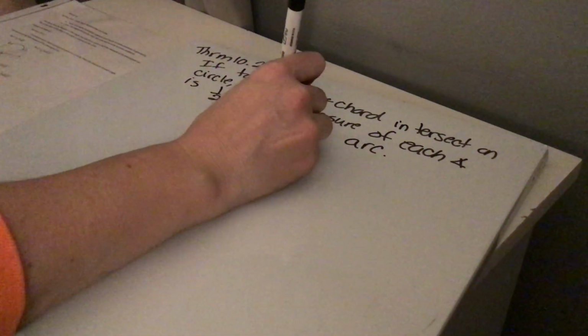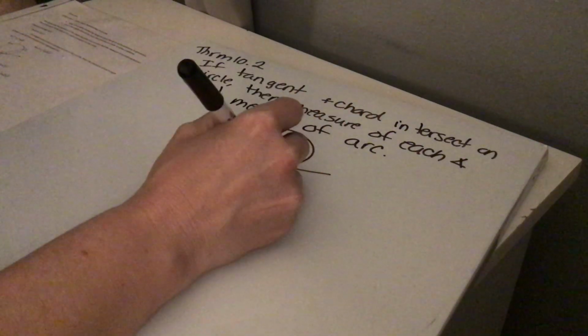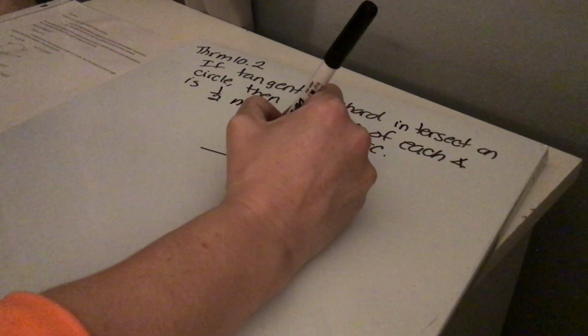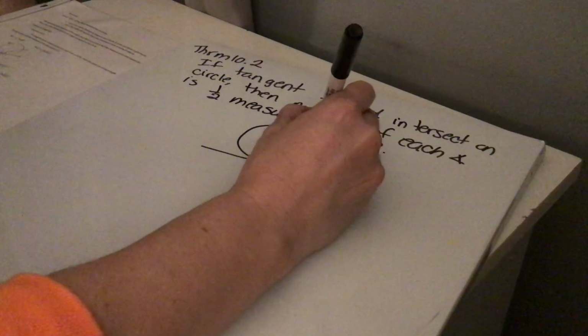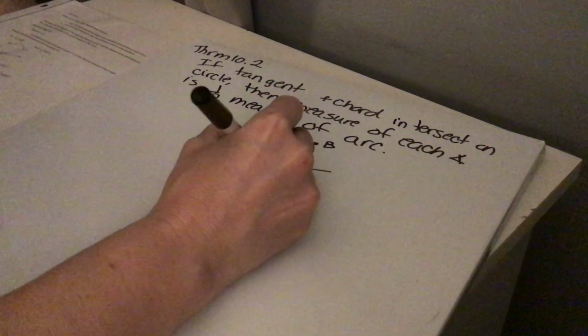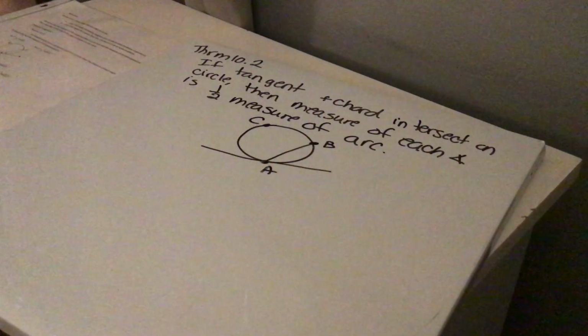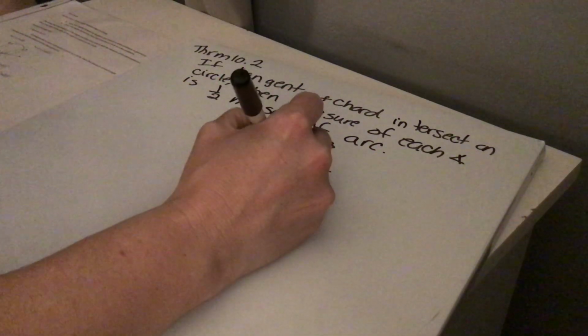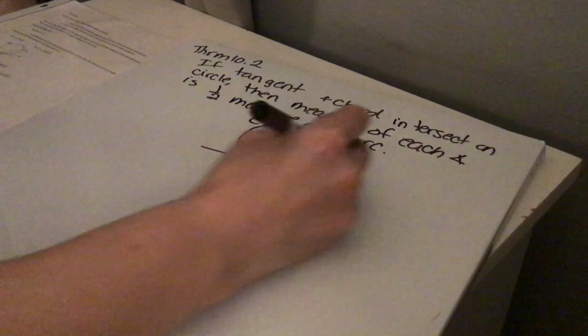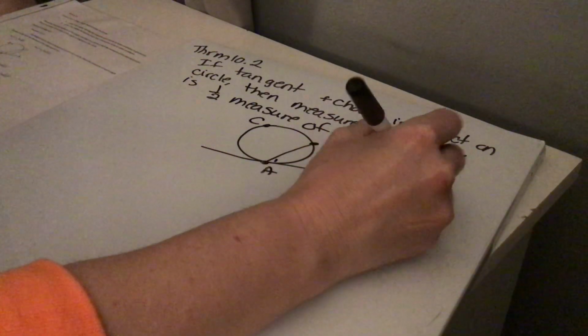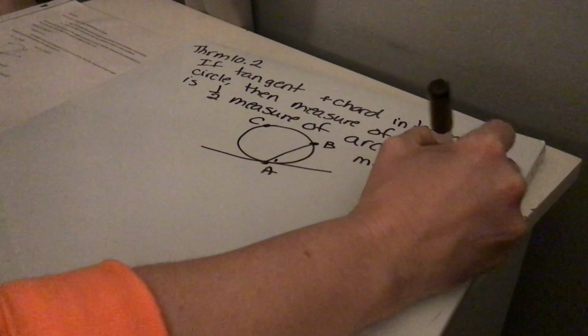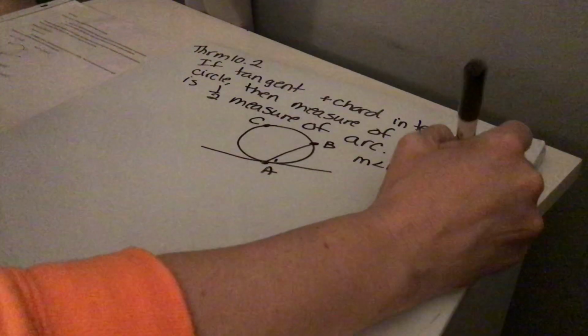So what we're looking at here is your circle, a tangent touches, and a chord. Where it touches, we're going to call point A, and then we're going to put a point out here so we can talk about the two different arcs. So we have angle 1, which is this angle. The measure of angle 1 is half the measure of arc AB.